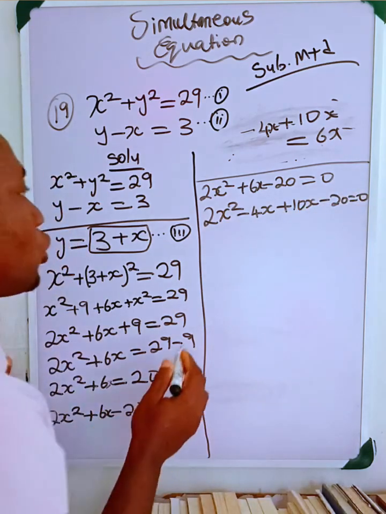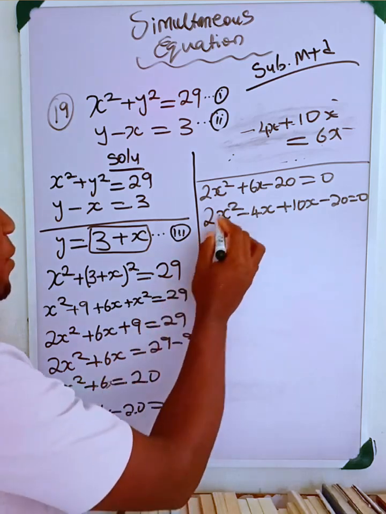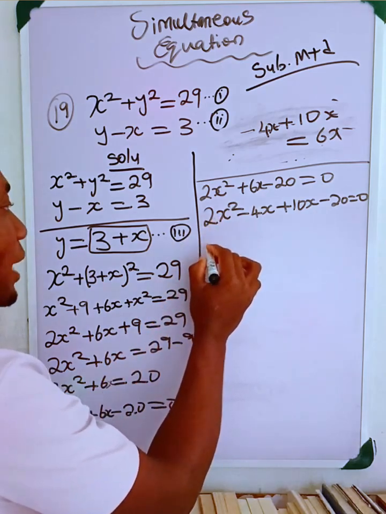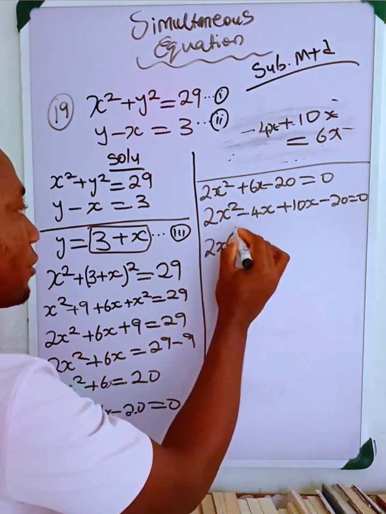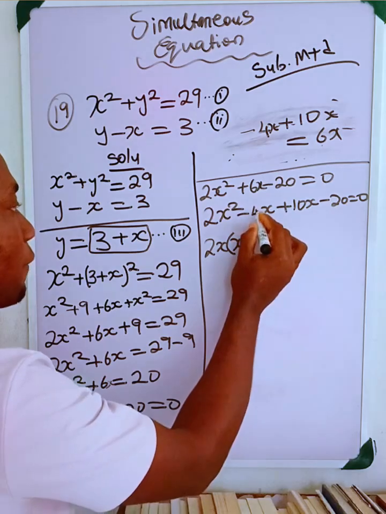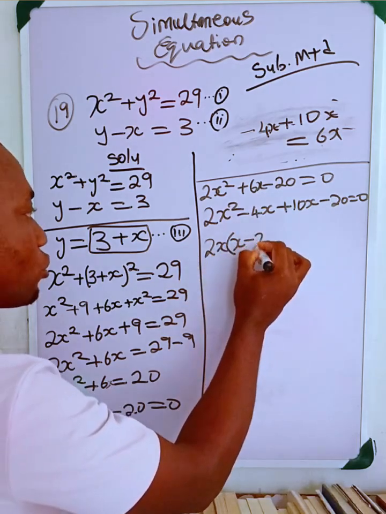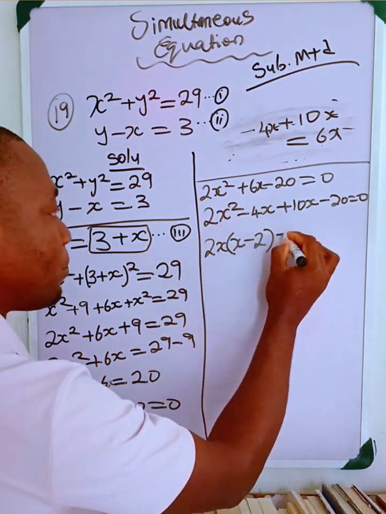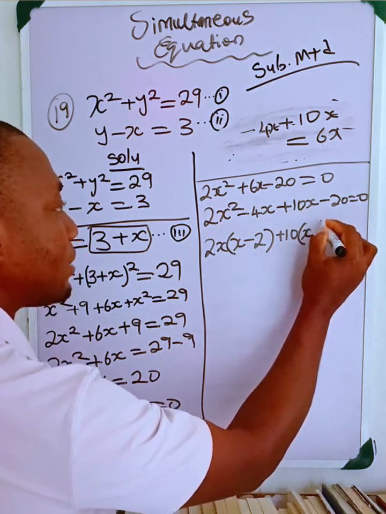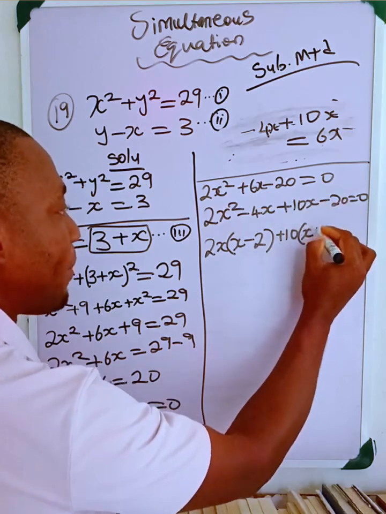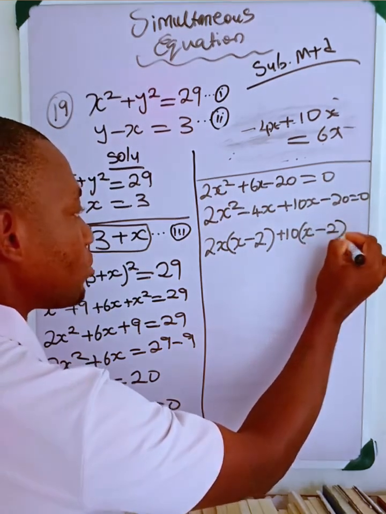Are you following? We factorize. When we factorize, we can now have 2x, bracket, x is remaining, right? Minus 4x divided by 2 gives minus 2x, bracket close, plus 10, bracket close. What do we have remaining? x. Now minus 20 divided by 10 will give you minus 2.